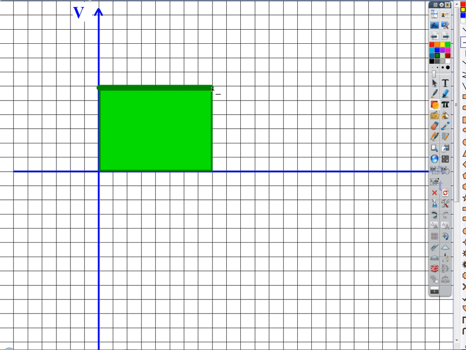But that's the graph. So explain that story to me. What's going on there with that particular graph? Velocity's not changing. It's constant velocity. Let's assume that we're measuring in standard units, meters and seconds.